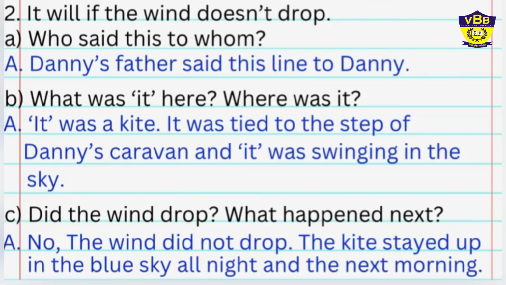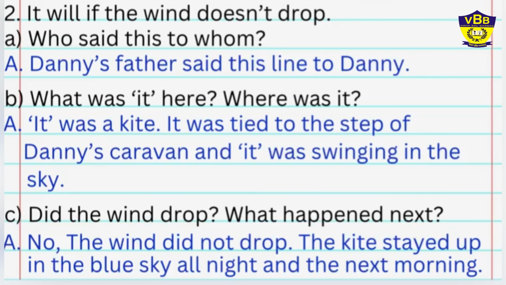Question 2 is, "It will if the wind doesn't drop." Do you remember when this phrase was told and where it was told? Yes, when Danny and his father decided to fly the kite, they went upward towards the hills. But then they both decided to come downwards towards their caravan.